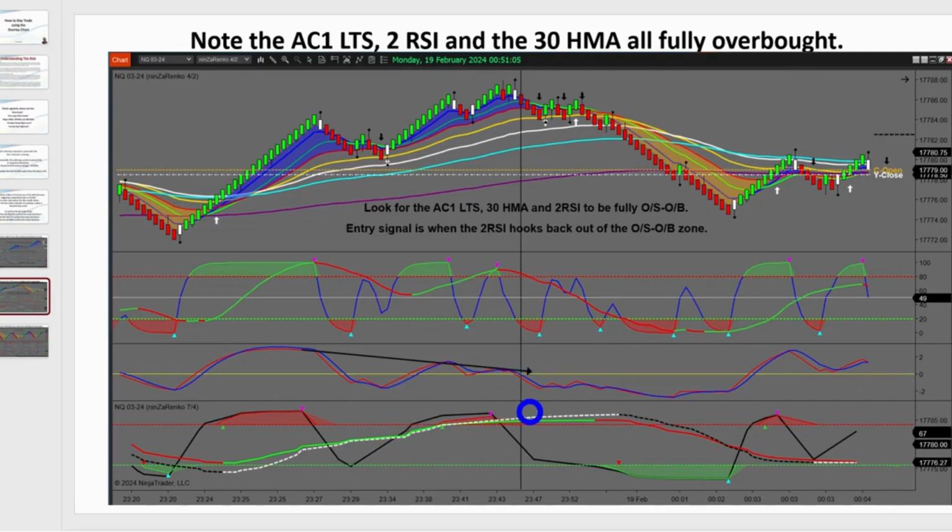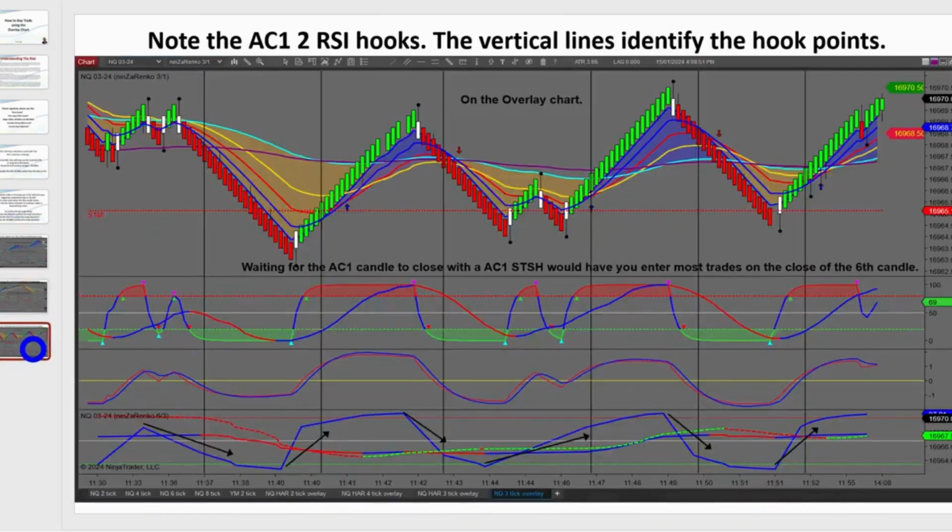So when you're in the 80-20 zone and you've got your long-term stochastic, 30-period Hull and the 2 RSI, and you get a hook, you may very well be heading towards a reversal. See over here, it was trending up, but it wasn't overbought, or they weren't overbought. It wasn't till over here. Just one more.